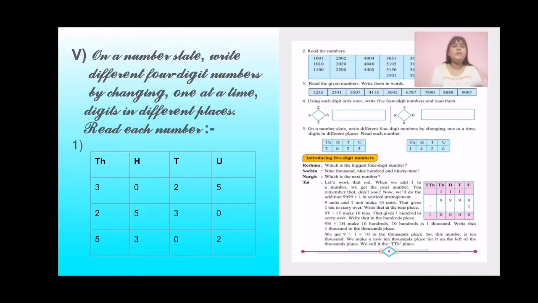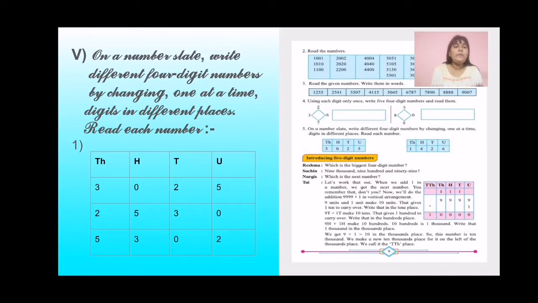Fifth exercise. On a number slate, write different 4-digit numbers by changing, one at a time, the digits in different places. Now you have to make Th, H, tens and unit. In this you have to make the numbers. Now the first number is 3025. You have to only change the places of the digits. If the 0 is in hundreds, you can put the 0 in tens or in unit, but not in thousands, because if you put 0 in thousands, there is no value for the other digits.